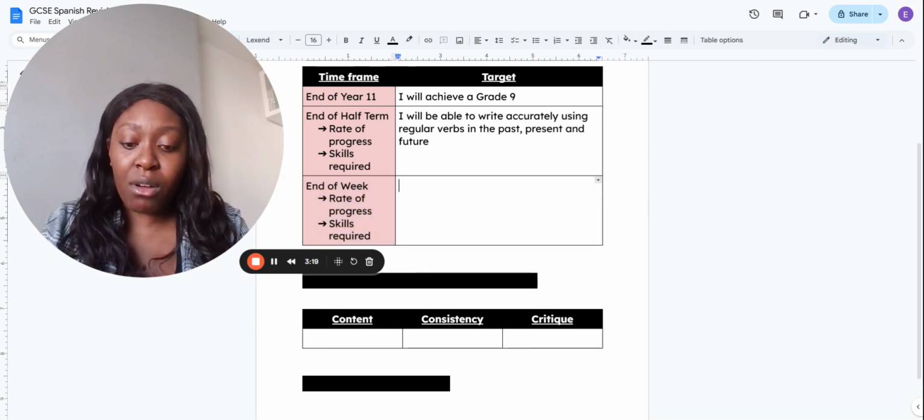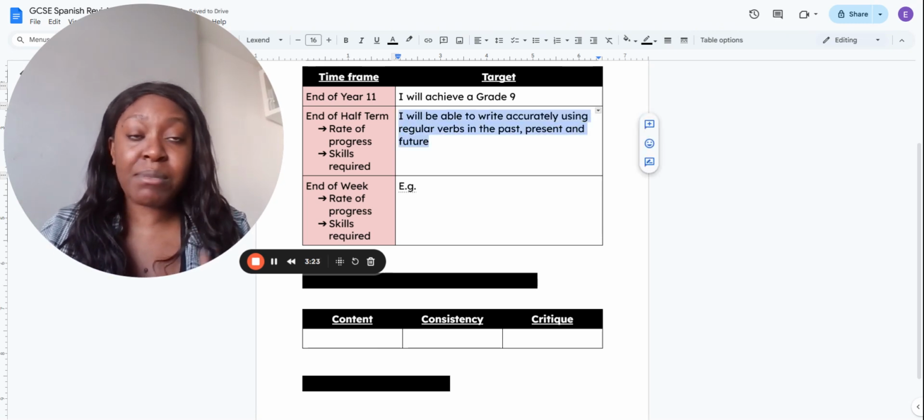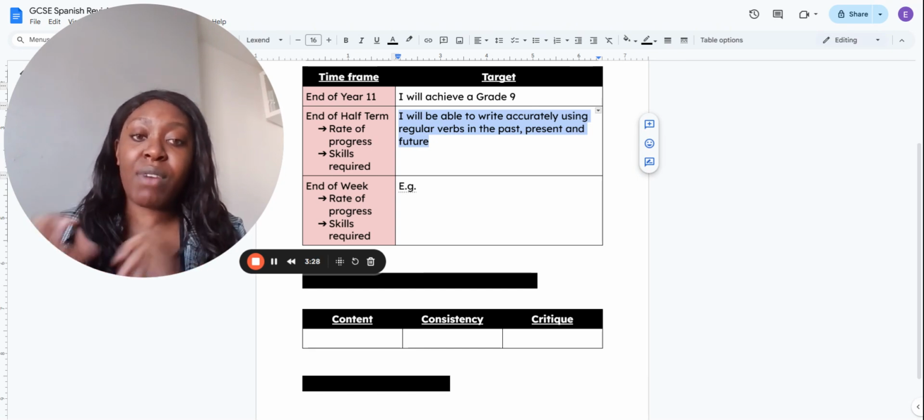As an example, say we are looking at the end of the half term, and we're starting right at the beginning of year 10. You want to be able to write accurately with regular verbs in the past, present and future tense.